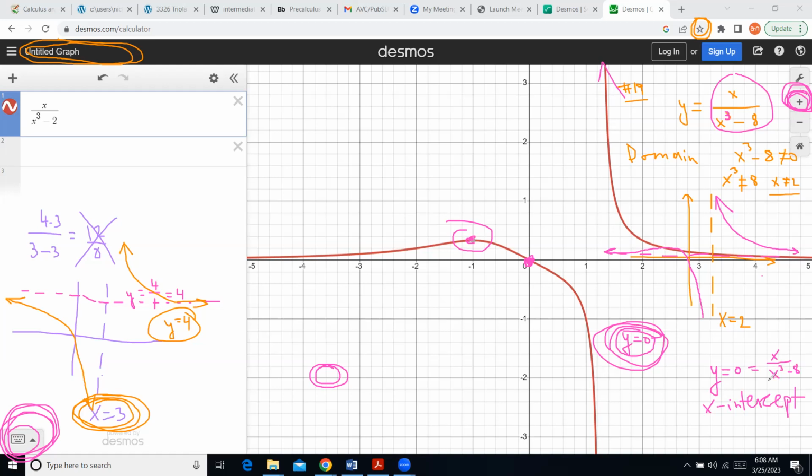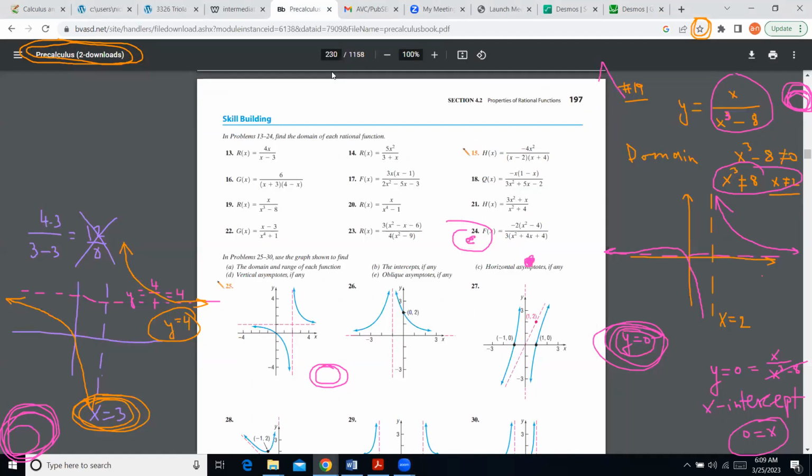And this means that only my numerator, only x, is equal to 0, because the denominator is never 0. In fact, we just declared that our denominator x cubed minus 8 is not 0, but the zero of the numerator gives me that intersection with the x-axis. So it is another helpful thing to know, the point of intersection with the x-axis.